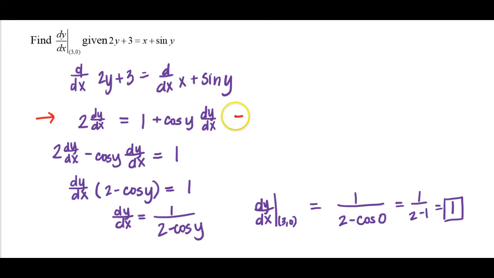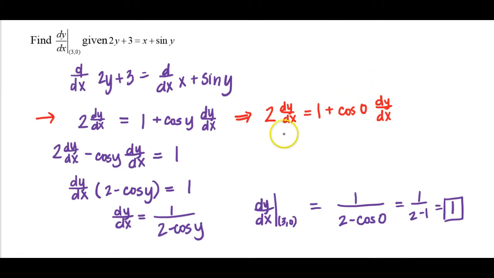So at this step, 2 dy/dx, remember, we're trying to find dy/dx. So 2 dy/dx equals 1 plus, now cosine y, if I substitute in 0, I'm going to get cosine of 0 times dy/dx.